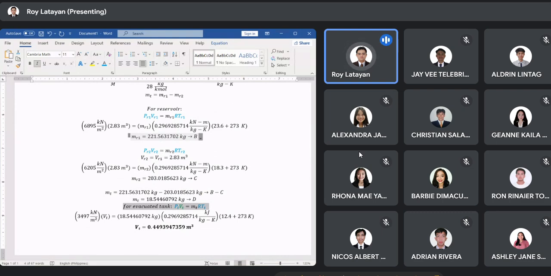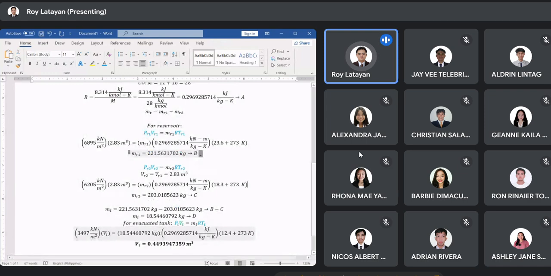CR lang ako. Mag-isip kayo if may hindi malinaw or may tanong kayo dito sa problem na to. CR lang ako.